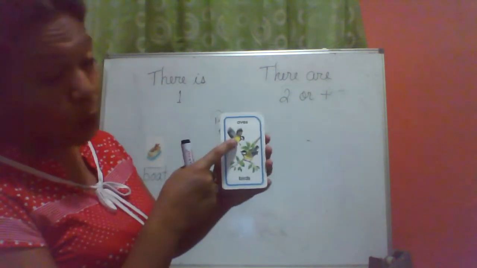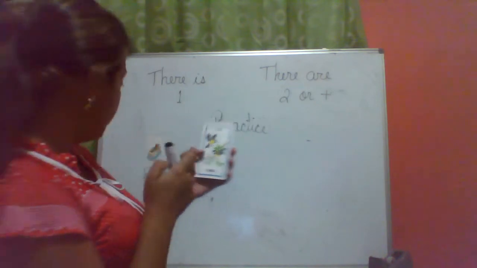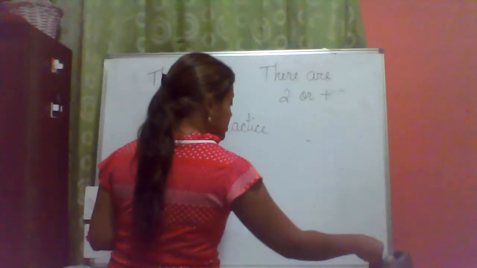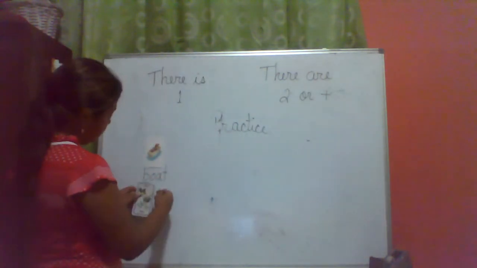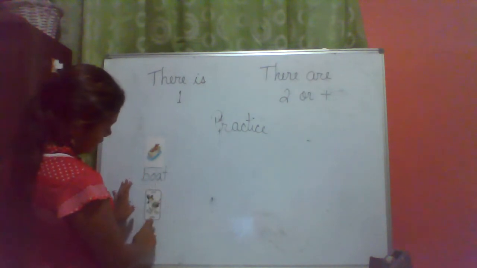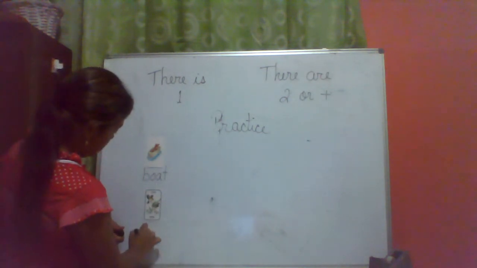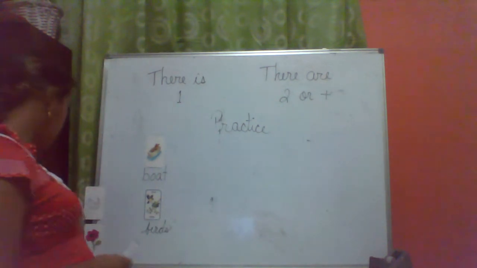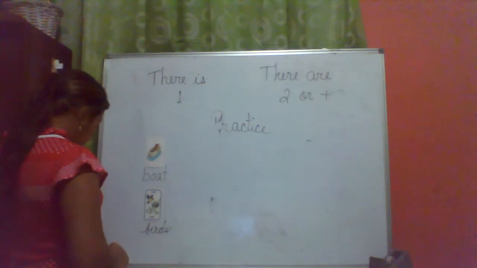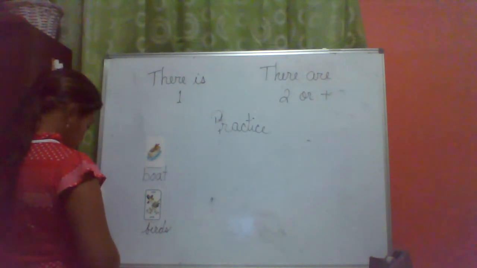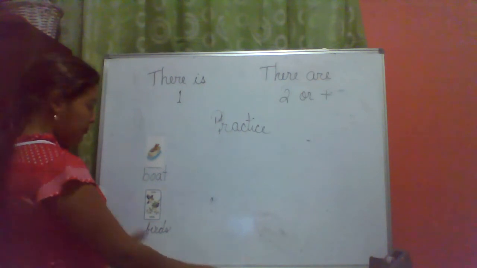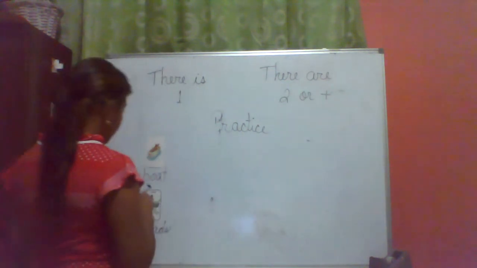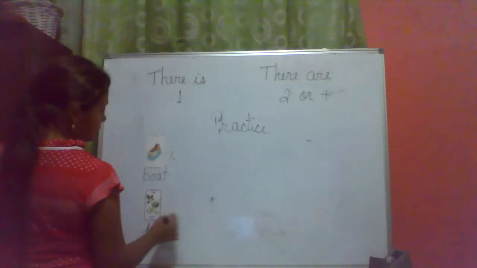Here we have 1, 2 birds. Let's put it here. Here is the name, but I'm going to write birds. Okay? And flowers. This is number 1.